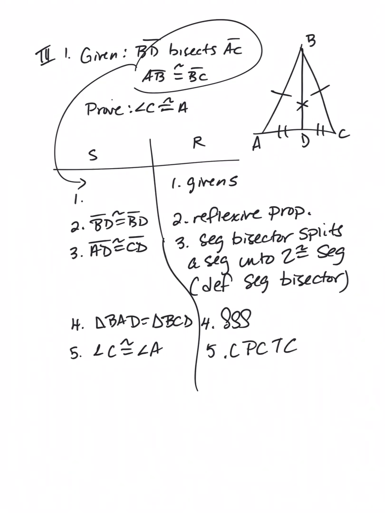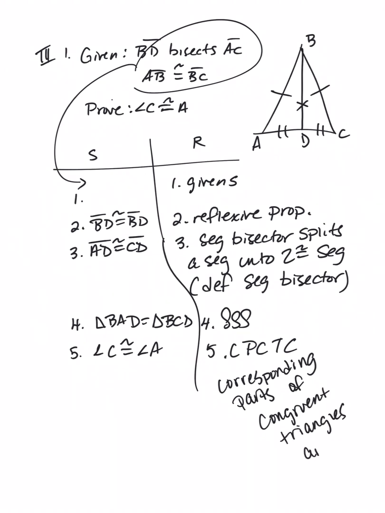Okay, I can't state this often enough, what this stands for, because a lot of kids do not know what it stands for. They just memorize it. Corresponding parts of congruent triangles are congruent. Where do we get that from? C, P, C, T, C.